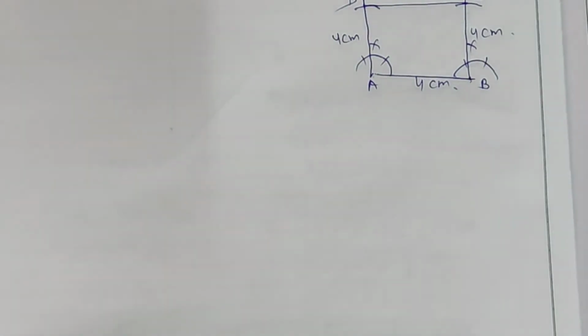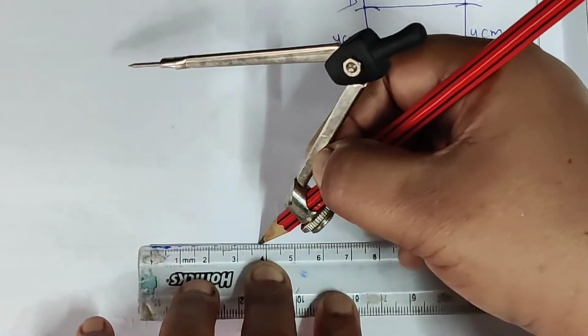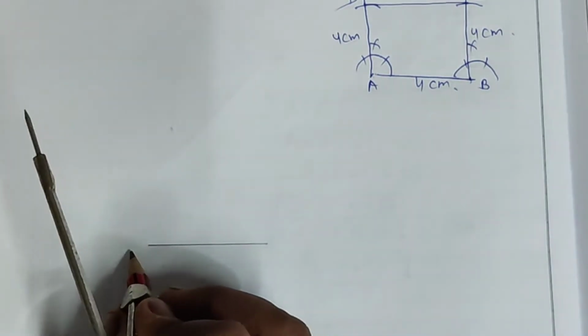Okay. Now construct. Draw a line of 4 cm, AB.